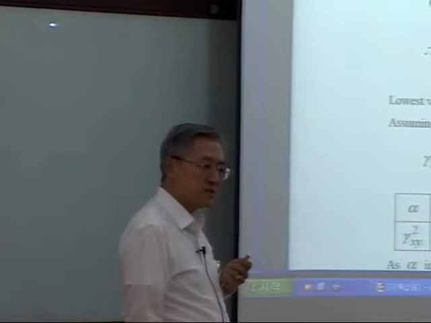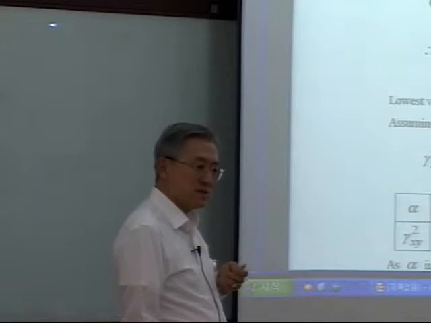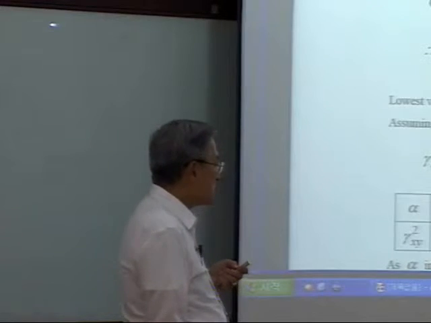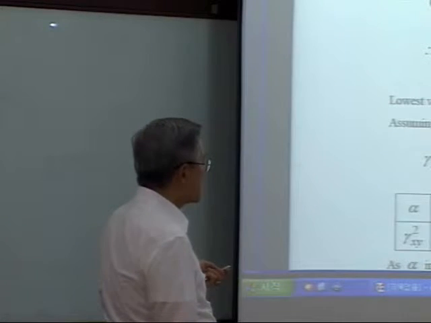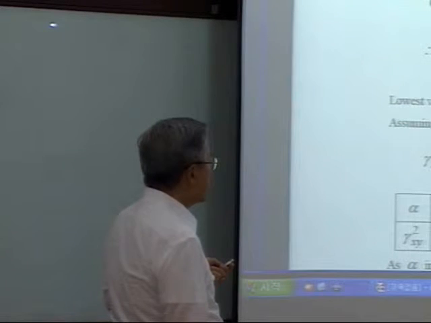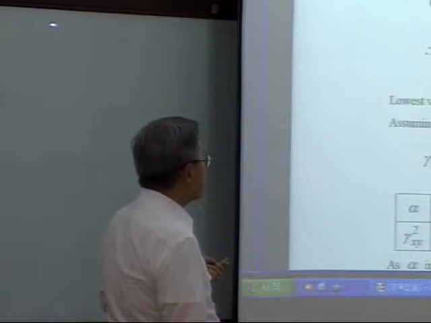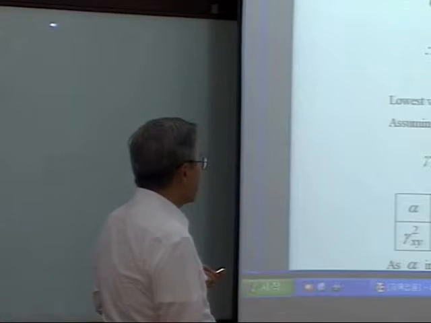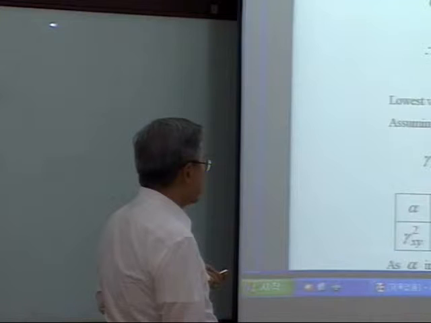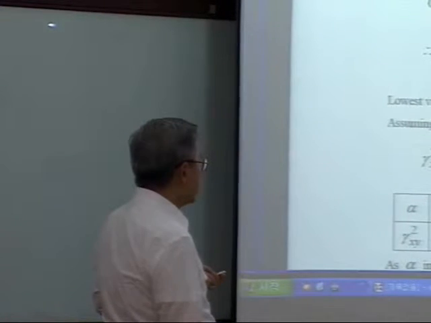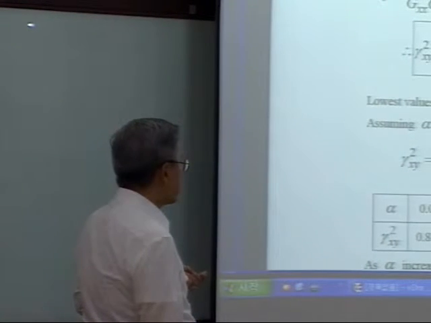A lot of noise in there. Anyway, when this is the same and this is equal to minus 1, then if you simplify this equation, you have gamma_XY squared is equal to (1 minus alpha) over (1 plus alpha) squared.